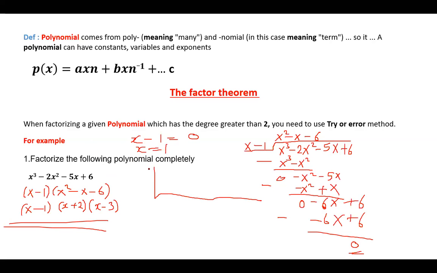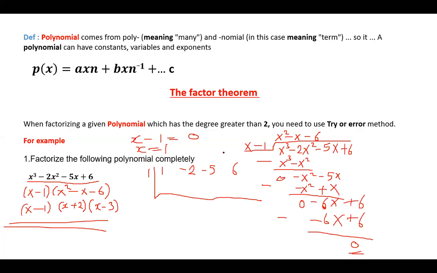This is how it was. So you put your 1 there. Then you get the coefficients of the given polynomial. The first coefficient is 1, the second coefficient is negative 2, the third coefficient is negative 5, and the last coefficient is 6.